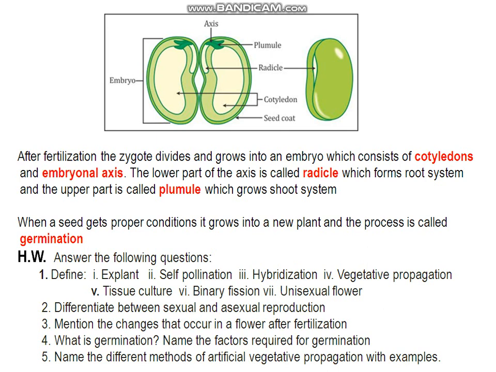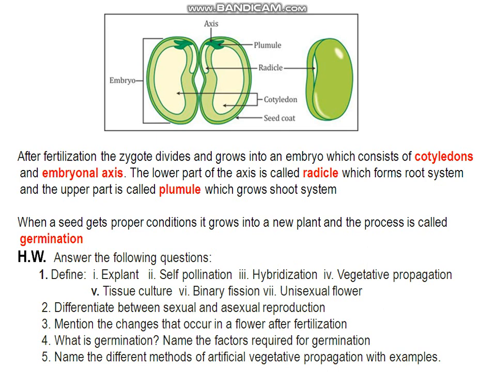Just go through. After fertilization, the zygote divides and grows into an embryo which consists of cotyledons. I think you have an idea about cotyledons and embryonal axis. See in the diagram, axis is written here instead of embryonal axis. This embryonal axis has two parts.